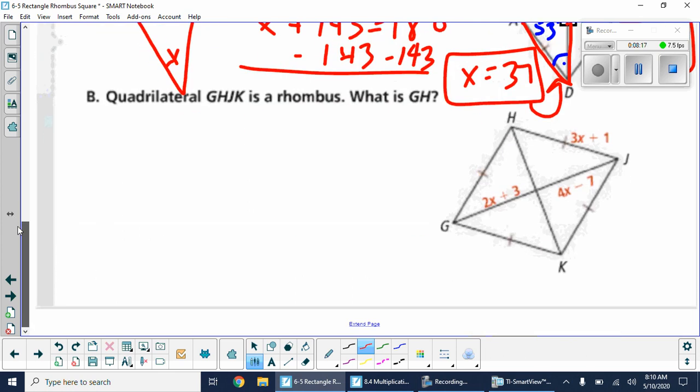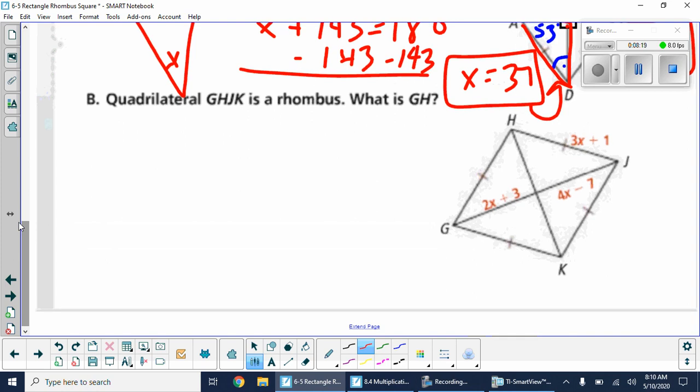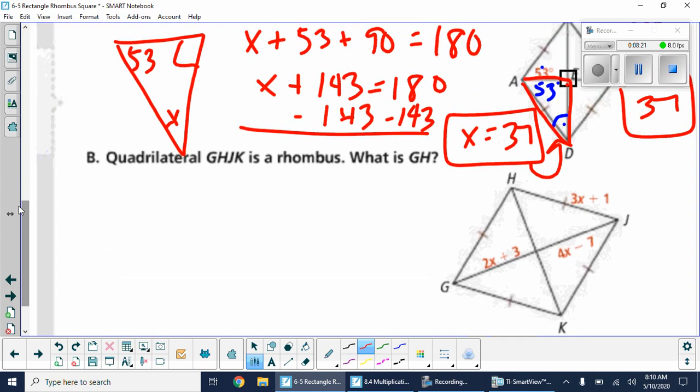Okay, a couple more examples to go. This one, we're going to have to do a little bit of solving. It's asking what is the length of GH? Well, GH, that's right here. And since it's a rhombus, we know all of these sides are equal. So if we could figure out this side right here, then we'll be able to figure out all the other ones. So here's how we're going to set up the equation.